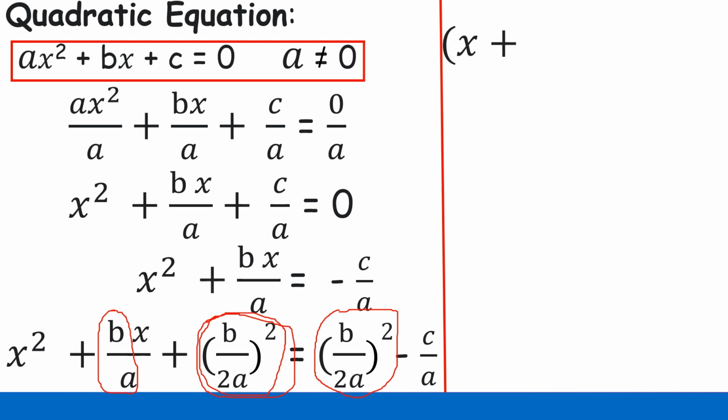In adding it to both sides, we have made the left-hand side a perfect square. So what we have now is x plus b over 2a all squared on the left-hand side. And on the right-hand side, by the time we expand, we have b squared over 4a squared minus c over a.